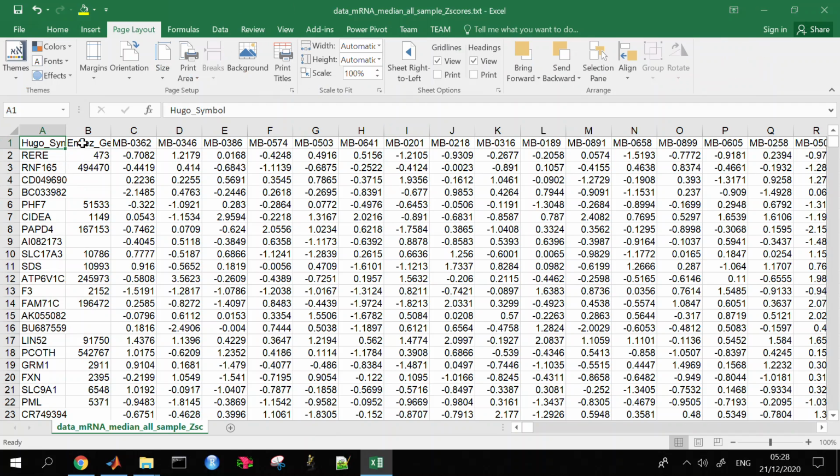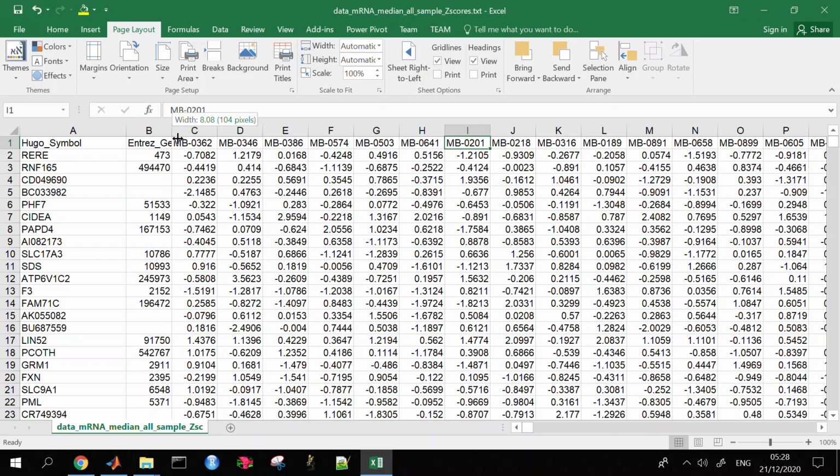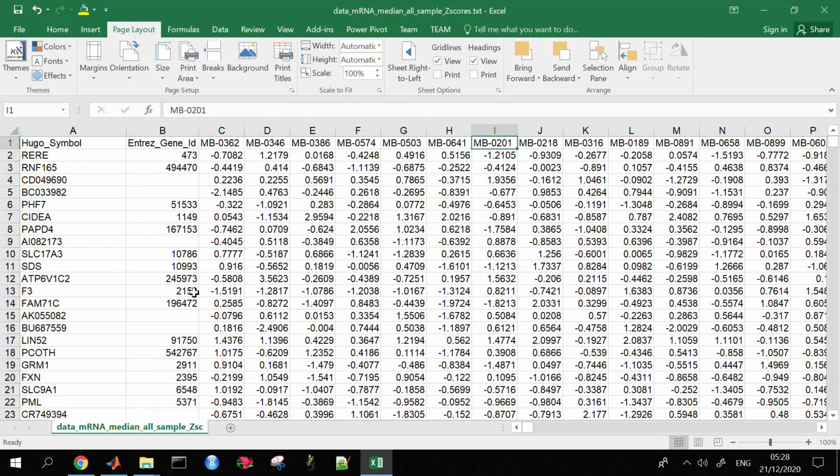Okay, so what you see here, you see a row with the ID of the patients, and the gene names. We have 2 columns that describe the gene names. One is based according to the Hugo symbol nomenclature, and the other one is the Entrez gene nomenclature.